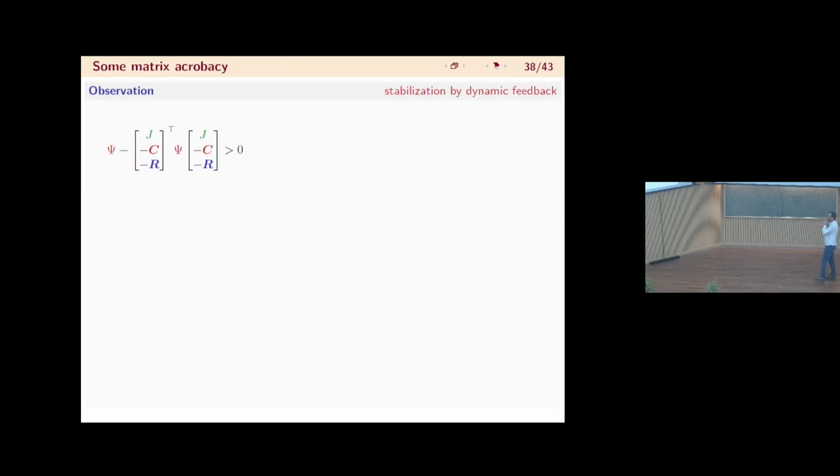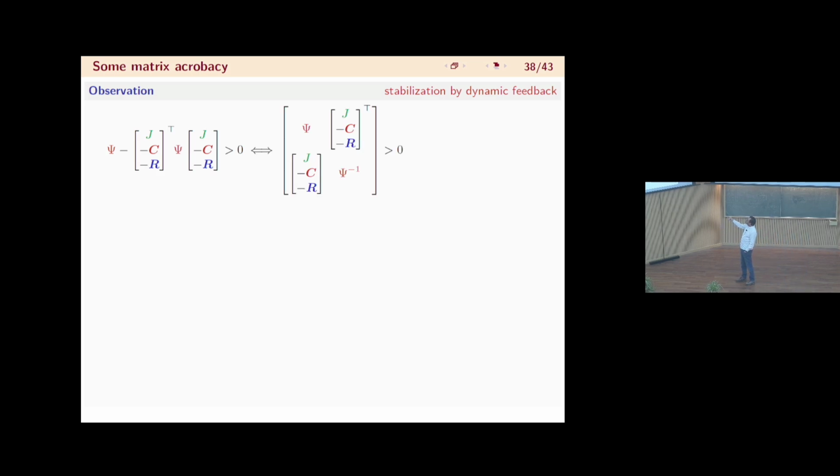All right, now it's time for the question you asked a couple of minutes ago. This thing contains products of unknown terms and therefore is not easy to work with. Instead, I'm going to use the Schur complement.